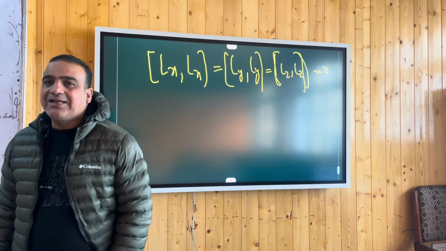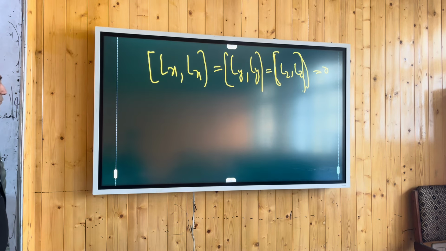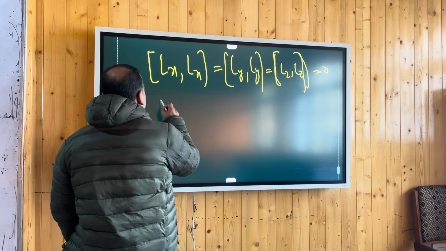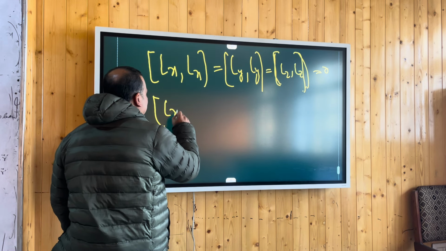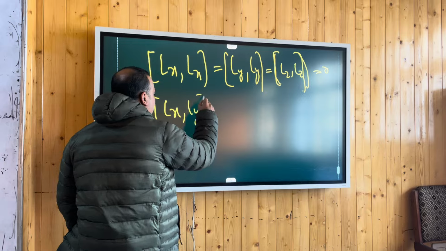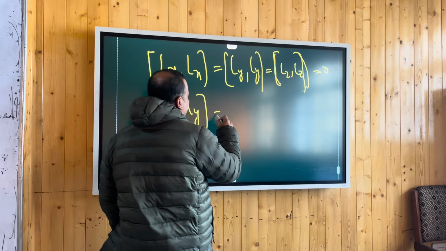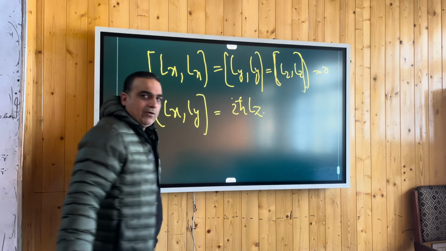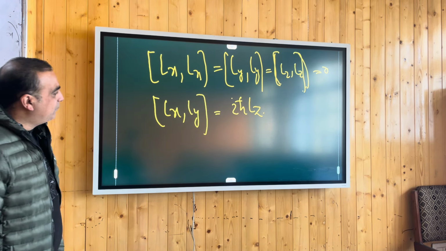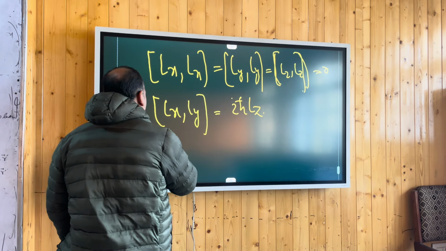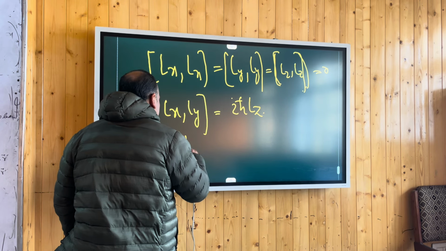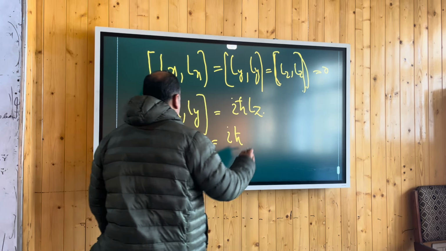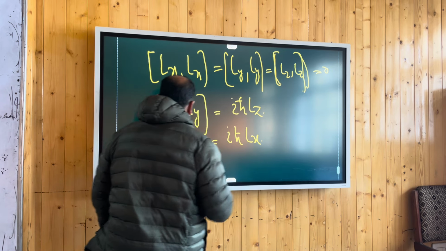They are exactly commuting with each other, and we understand now what commute means. If you go with Lx, Ly, what you will get here is i h bar Lz. You can work on it. Similarly, Ly, Lz will give me i h bar Lx.